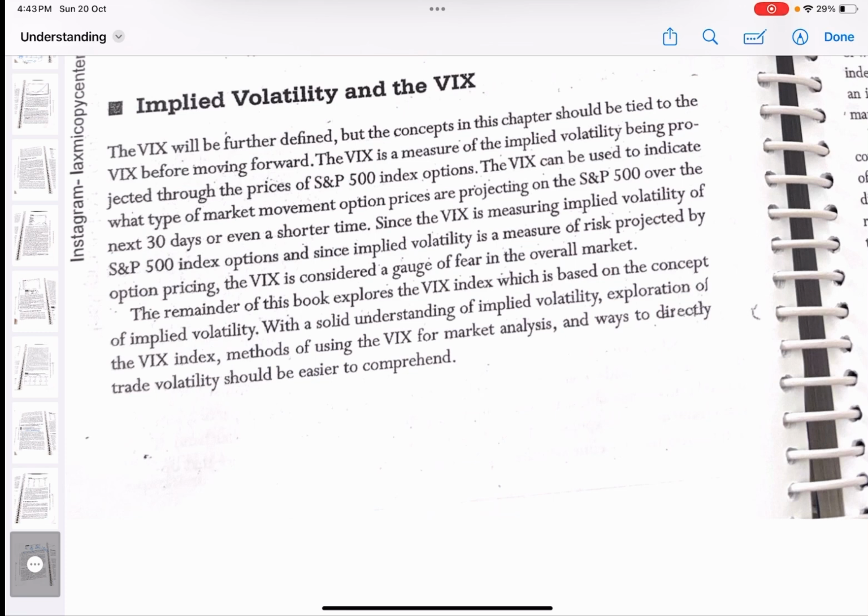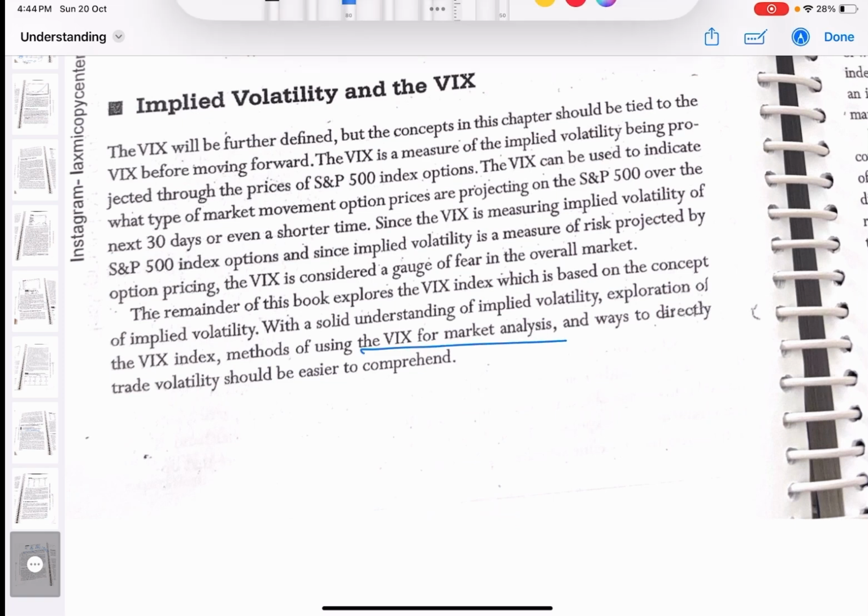Similarly, the VIX index can be used to indicate what type of market movement option prices are projecting on the S&P 500 over the next 30 days or even a shorter time. Since the VIX is measuring implied volatility, and since IV is a measure of risk projected by option pricing, the VIX is considered a gauge of fear in the overall market. So if you see that the VIX index is rising substantially, then we can say that there is a lot of fear or panic in the market.